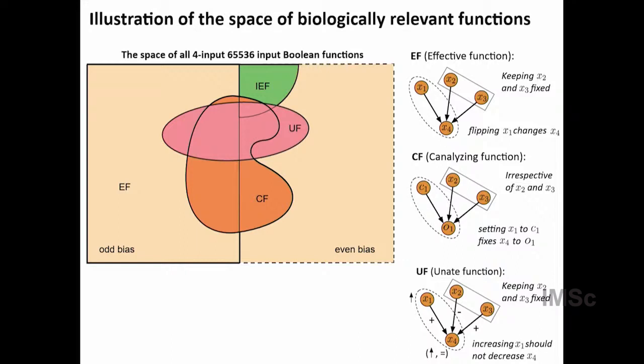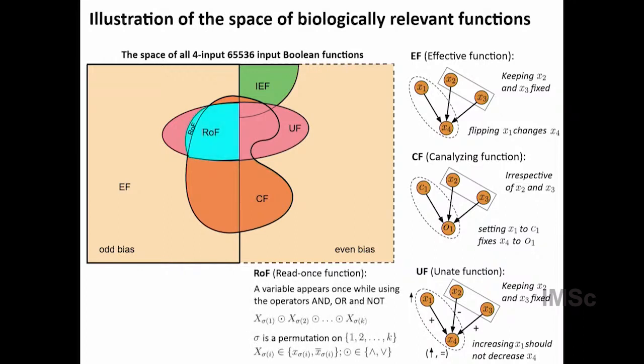So you cannot increase x1 and decrease x4 because the relationship is activatory. So that's a unate function. Next is the read once function. In this function, each variable of the Boolean which regulates a particular gene appears exactly once. And you can have any combinations of parentheses in this expression.